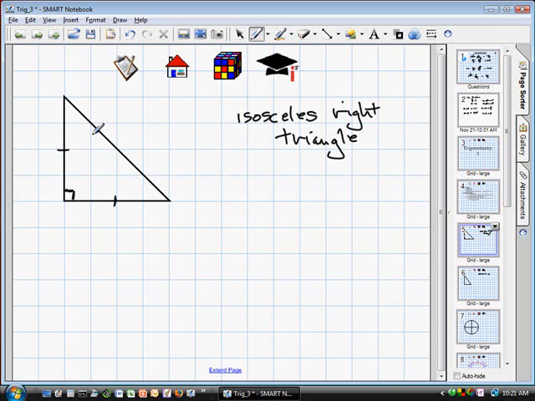So what does that make them if they're equal? Oh, by the way, are they equal? Yeah, there's another geometry theorem. If you have an isosceles triangle, don't you know that the base angles have to be congruent? So what do they have to be? They're really 45-degree angles, right? For the moment, we'll use the degree name.